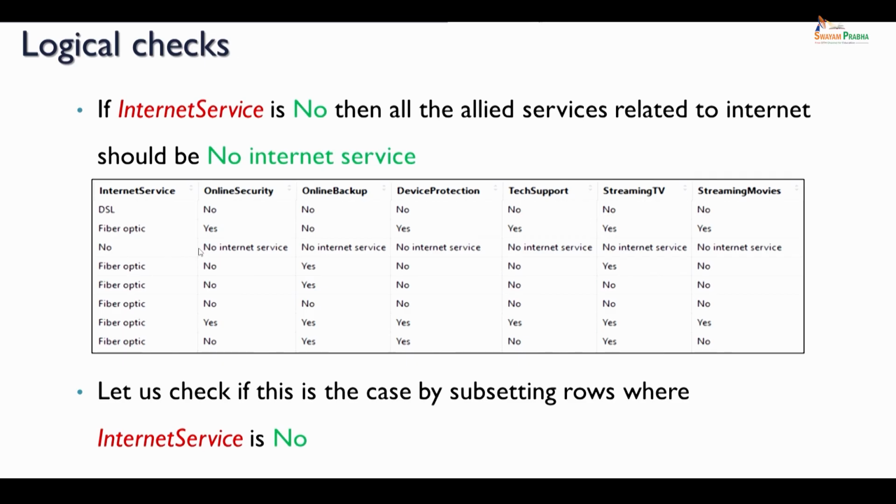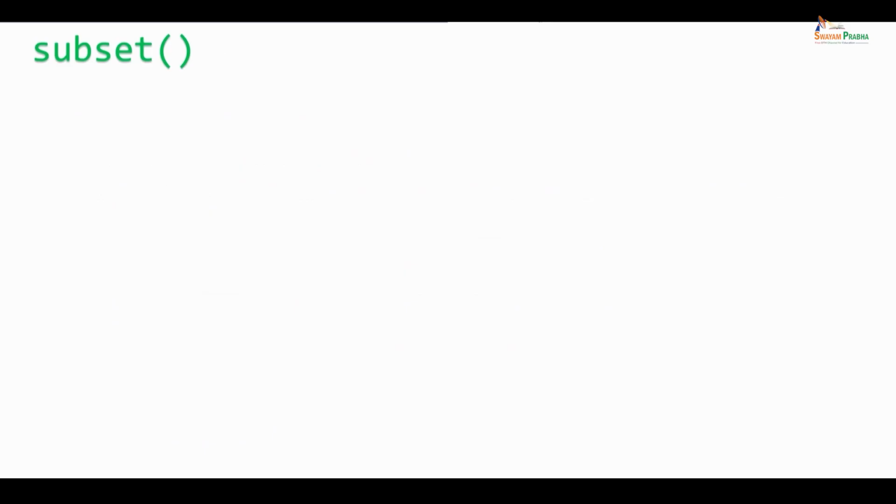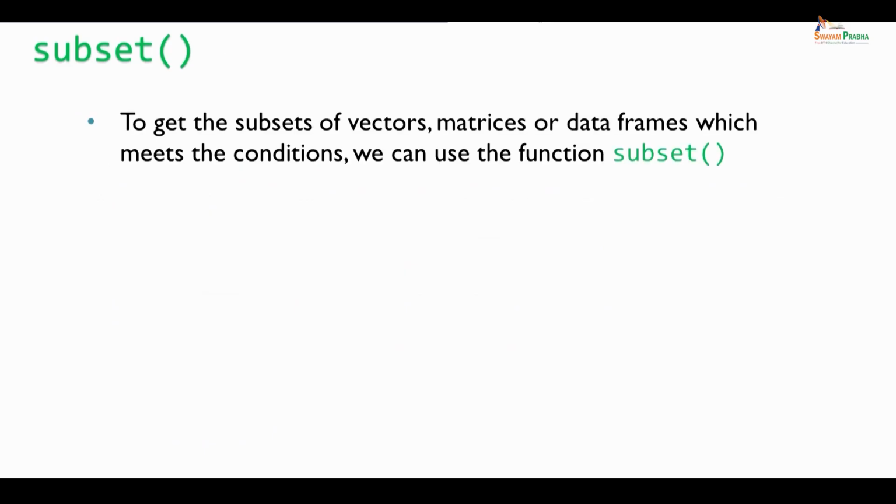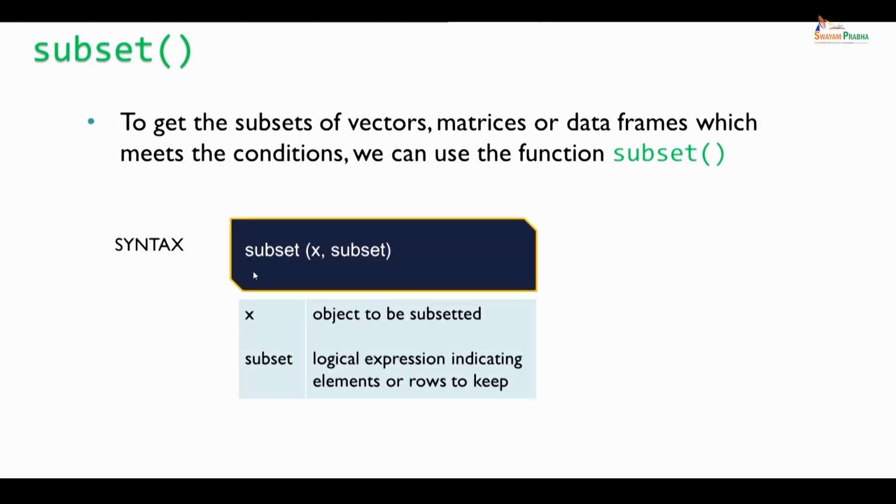So, let us check if this is the case. We can subset the rows wherever internet service is no. We have already seen about the subset function. To get the subset of vectors, matrices or data frames which meets the condition, we can use the function called subset. Here is the syntax for using the subset function.